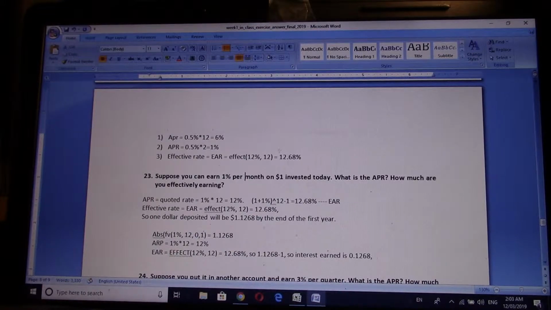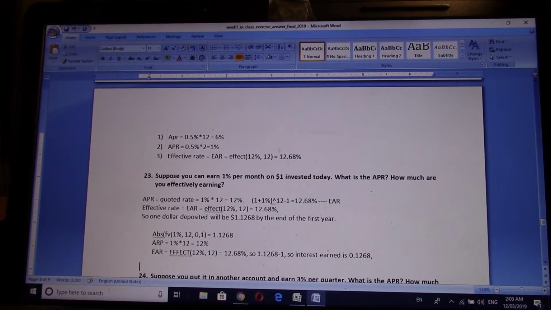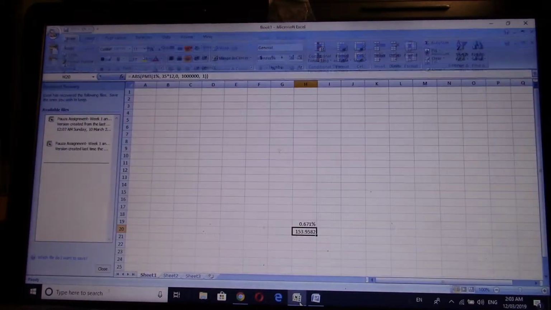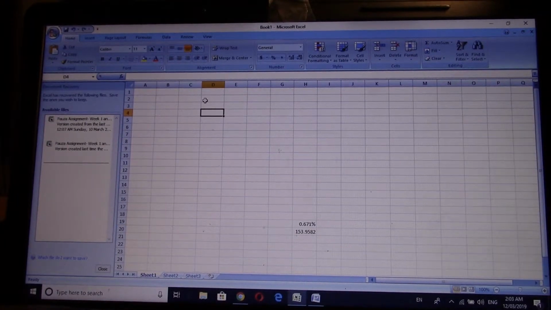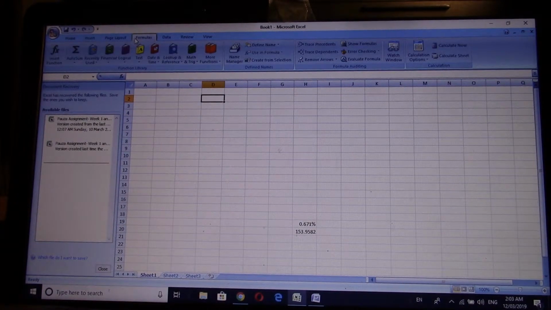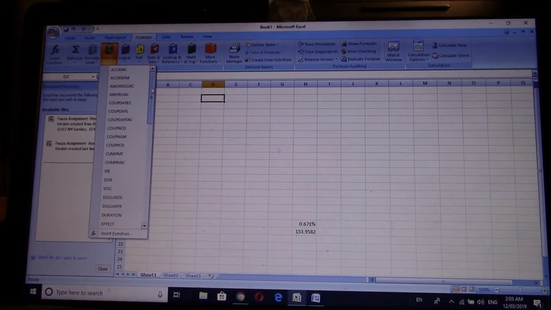So if you invest $1 today, your return is 1% each month, but in a whole year, your return is 12.68%. You can use the EFFECT function in Excel to do that. Go to formula, look for financial, look for EFFECT.